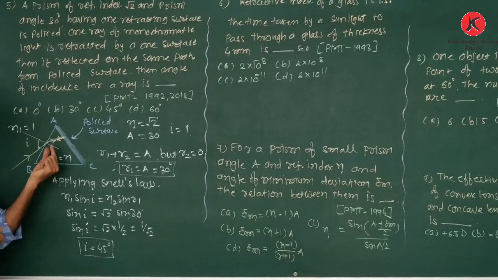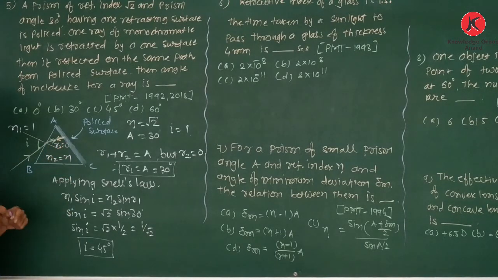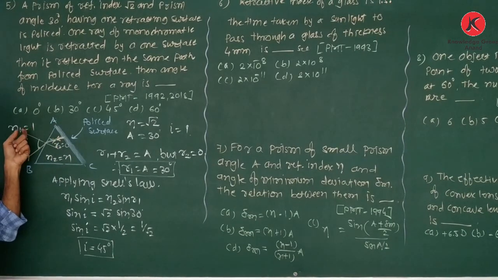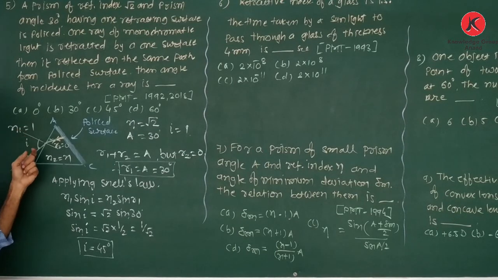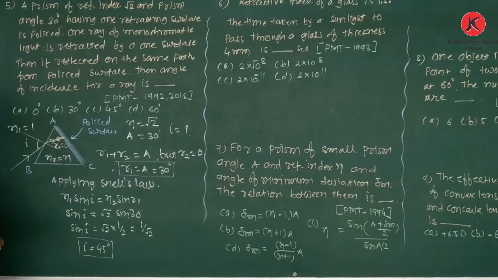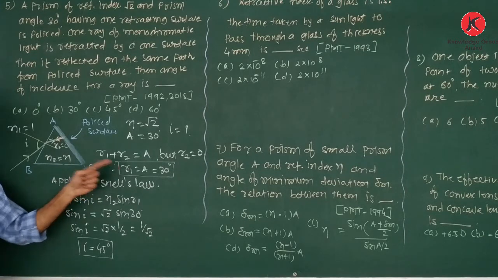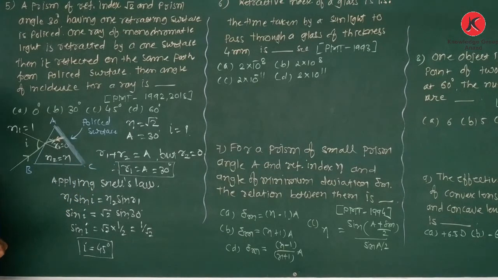Reflected on the same path, therefore I2 is equal to 0 here. Prism angle is given, I is given. The refractive index of air is 1 and the material is root 2. So first from the equation I1 plus I2 is equal to A, but I2 is equal to 0, therefore I1 is equal to A is equal to 30.